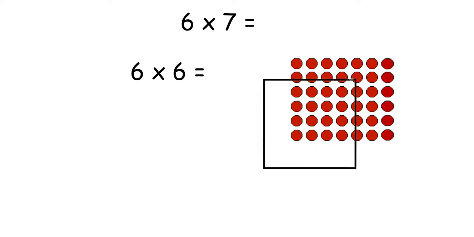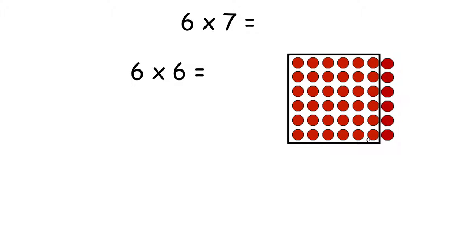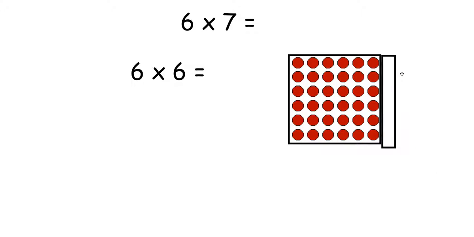What that would look like on the array is this right here: I would have 6 squared, 6 times 6, and I would, for the moment, just forget about those other dots, that last column. And so just think of it as 6 times 6.